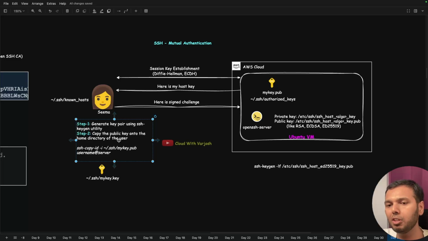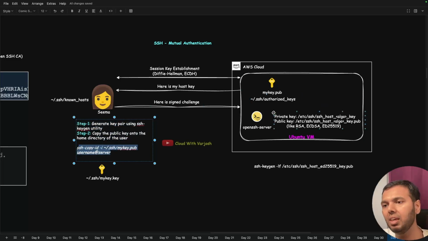Seema copies the public key using ssh-copy-id, and this public key gets copied into a file named authorized_keys. Now this authorized_keys file could have multiple public keys, and hence whenever you run this command, it appends the public key to the authorized_keys file.